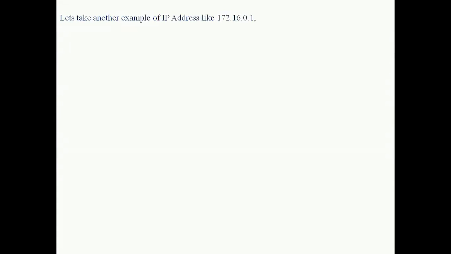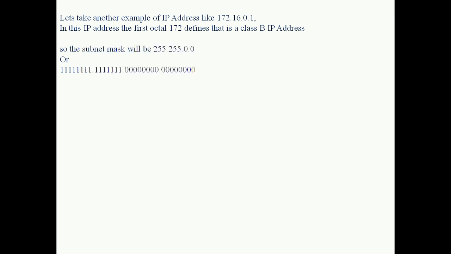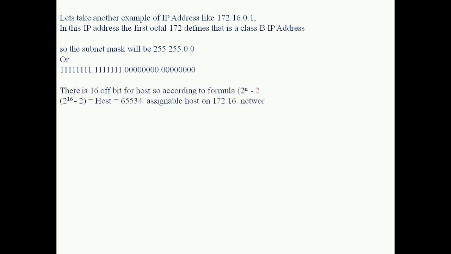Let's take another example of IP address like 172.16.0.1. In this IP address, the first octet 172 defines that it's a class B IP address. So the default subnet mask will be 255.255.0.0, or in binary, first 16 bits will be high and the rest 16 bits will be low.